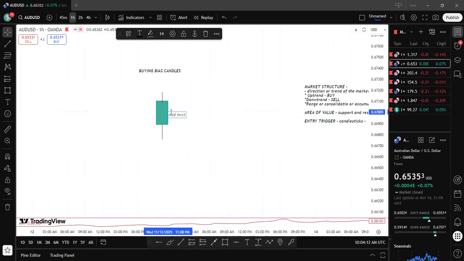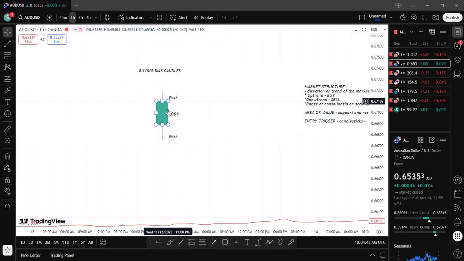And the lines here, this particular line, is called a wick, which shows you the rejection, and it's really important in deciding in the market. So you need to understand that. That small line over there is called a wick.